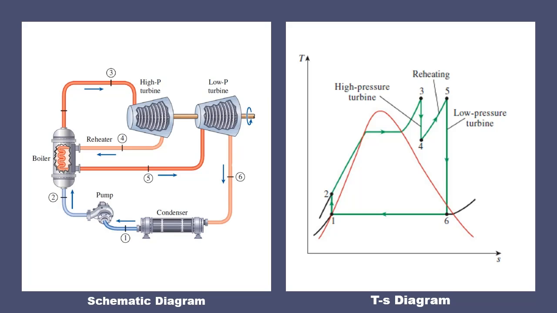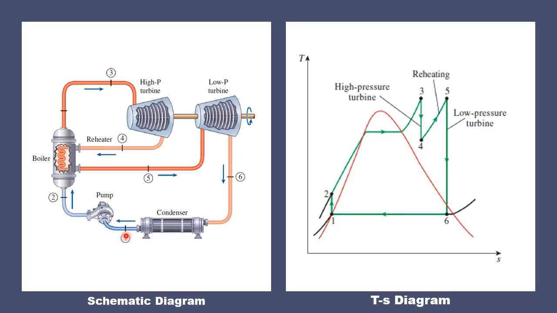So first, we are to look at process 1 to 2. In the TS diagram, it's given in the problem that the saturated liquid leaves the condenser at point 1. That is the reason why point 1 is here on the saturation line in the liquid region.